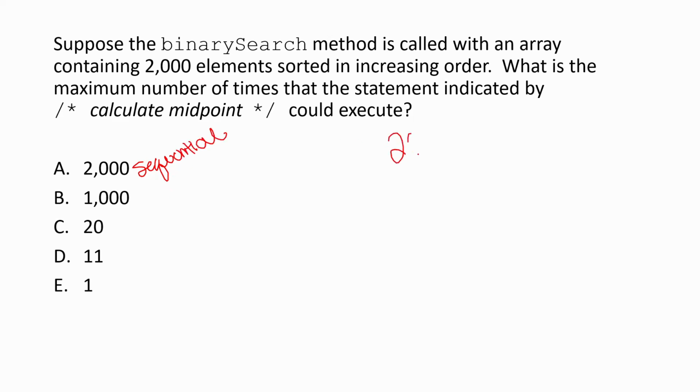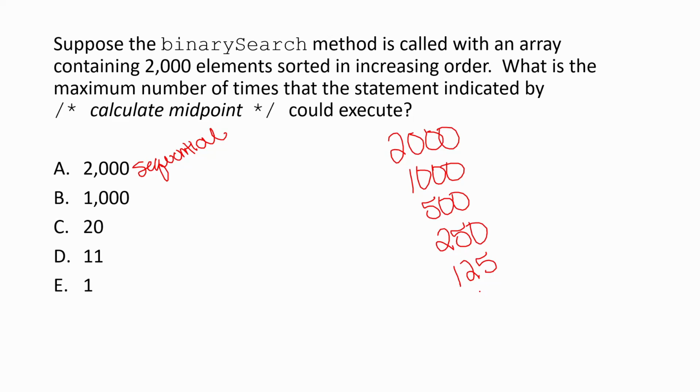Here's what's going to happen, right? So we start with 2,000. We're going to cut that in half, and we're going to be at 1,000 elements. I'm going to cut that in half again because we're going to find the middle again. Now we're at 500. I've got to cut 500 in half again. I'm now at 250. Cut in half. Now, I am not going to get a perfect number here.